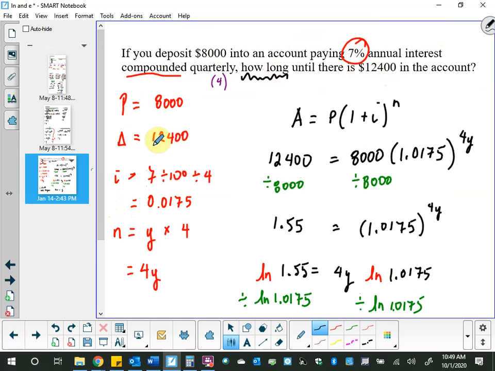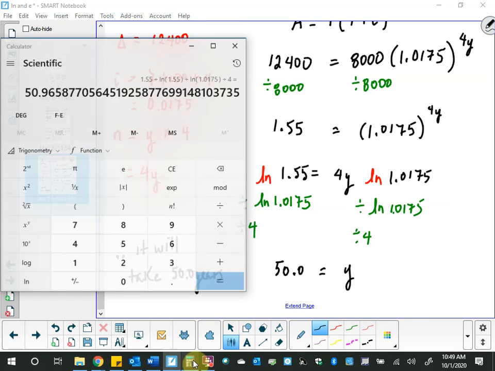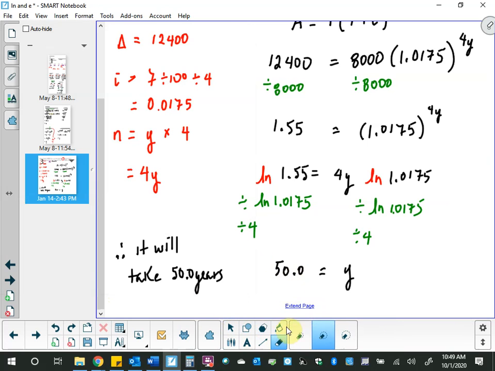How long is this going to take? It's going to take a heck of a long time. It's going to take that one. That is 51.0. You might think that might not make any difference, but yeah, a year will make a difference.